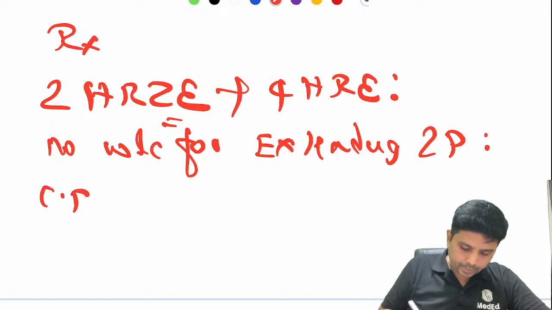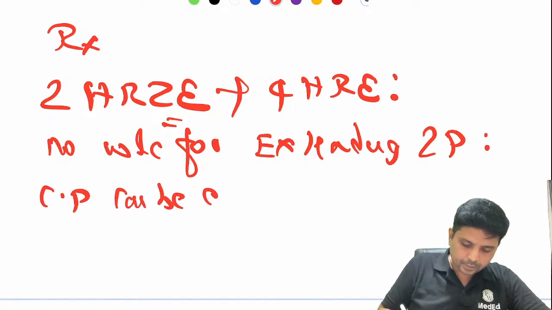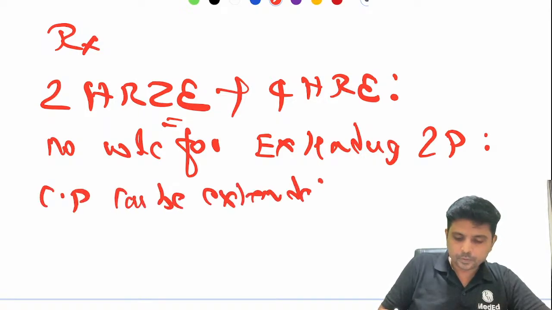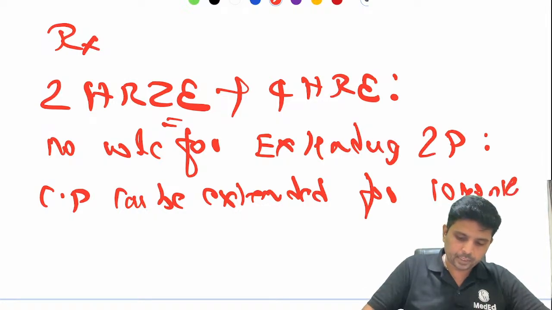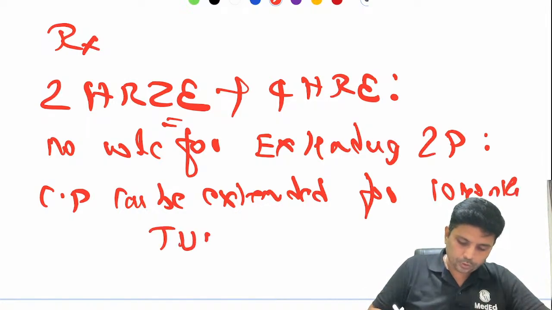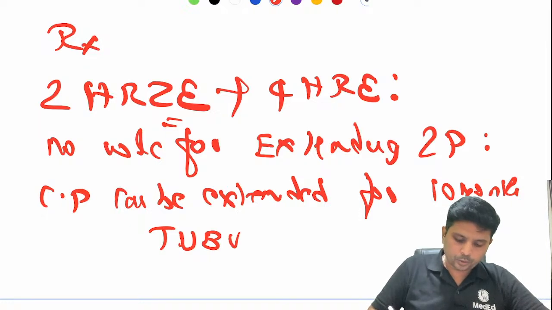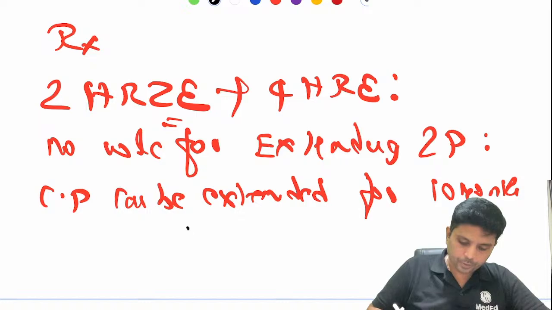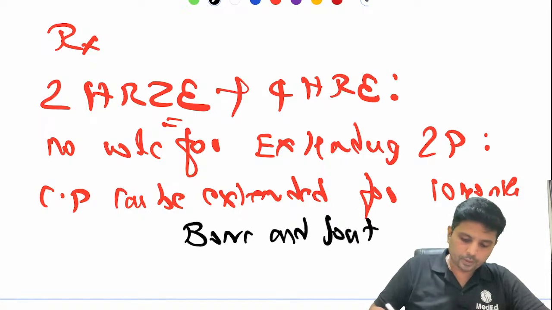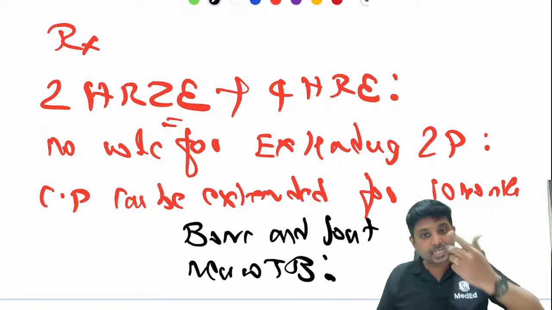But the continuation phase can be extended for up to 10 months in case of neurotuberculosis and bone and joint TB. You can extend the regimen.